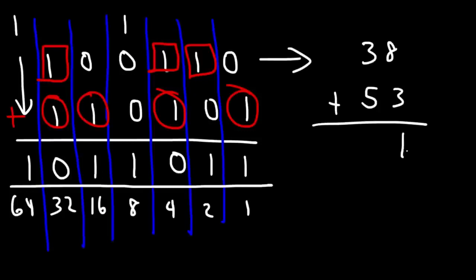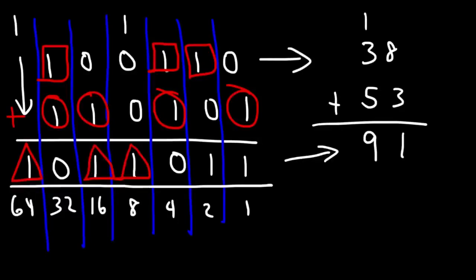Now 8 plus 3 is 11, carry over the 1. 5 plus 3 is 8, plus 1, that's 9. So this should equal 91. So we have a 64 plus 16, so that's 80, plus 8, that's 88, plus 2 is 90, plus 1, 91. So we can see that we do indeed get the right answer.